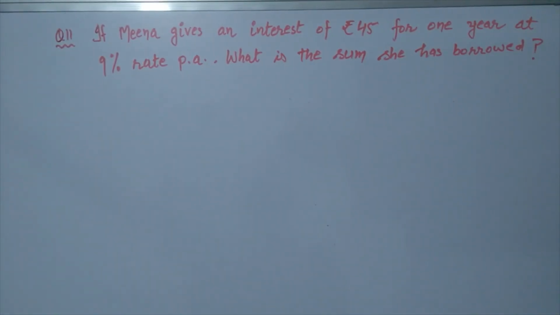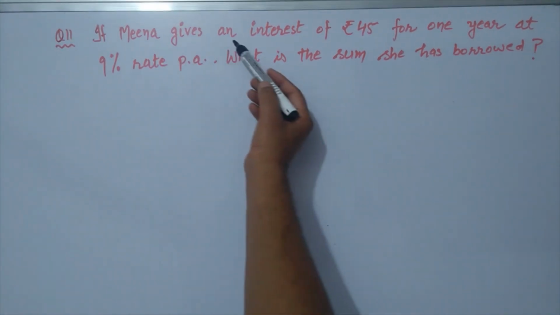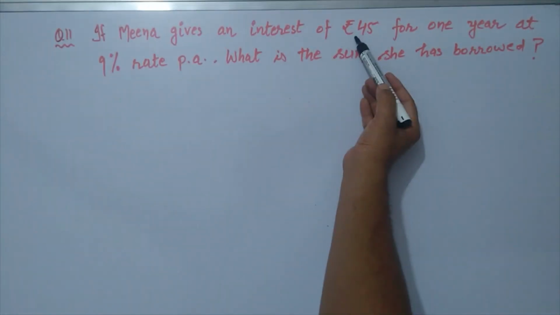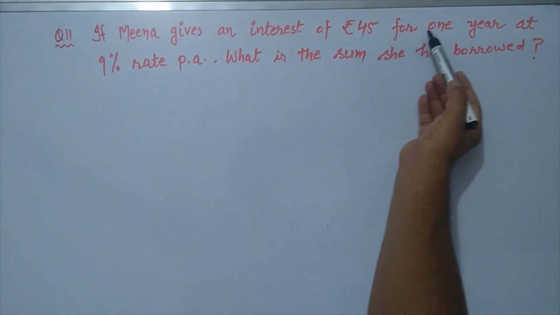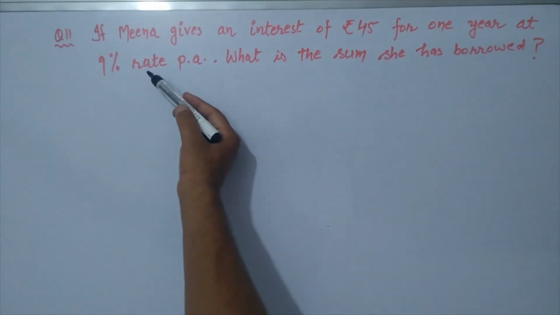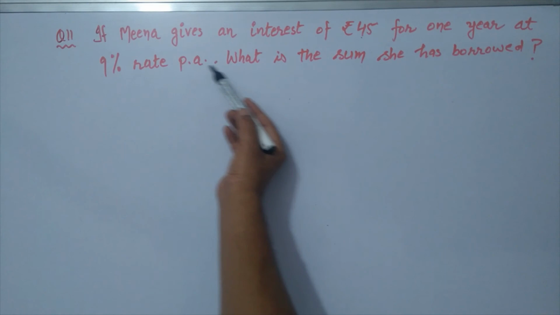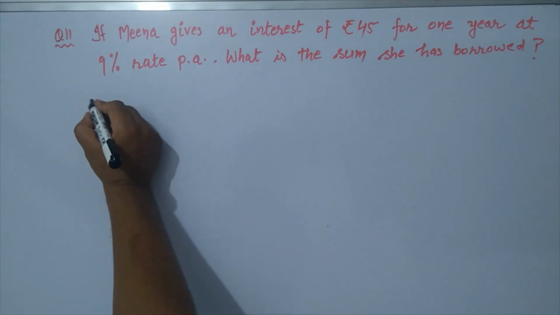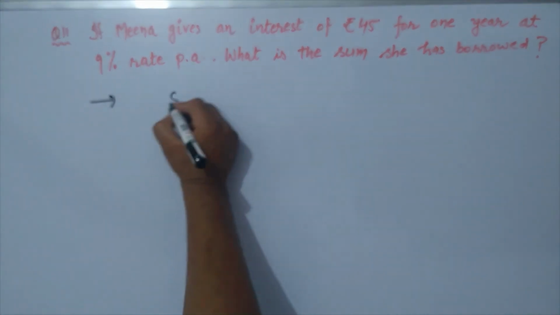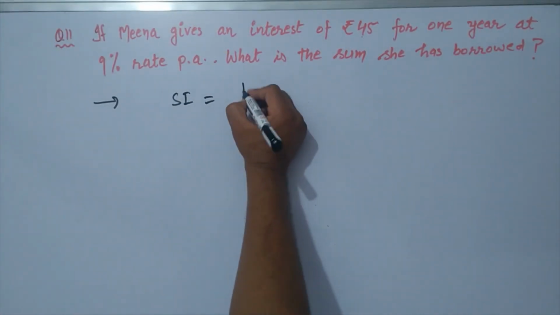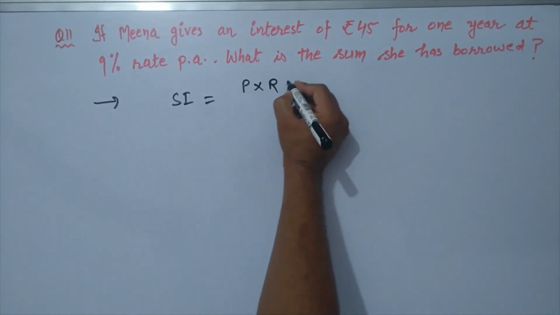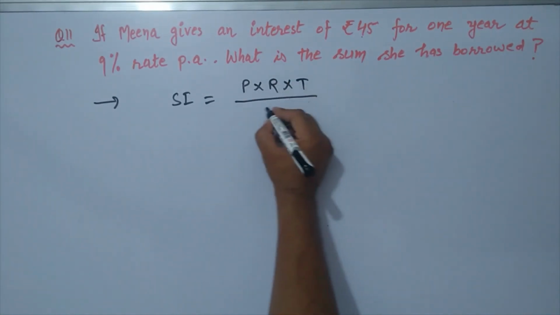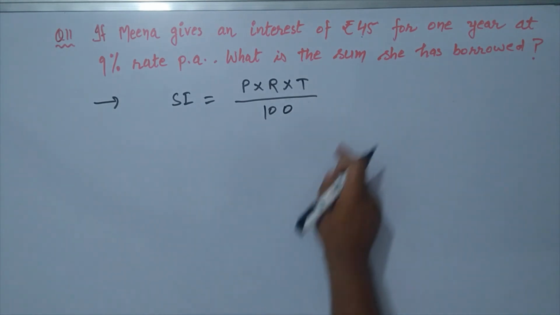Question number 11. This is the last question of the exercise. If Meena pays an interest of rupees 45 for 1 year at 9% rate per annum, what is the sum she has borrowed? So here what we do, the simple interest formula is principal amount into rate into time divided by 100.